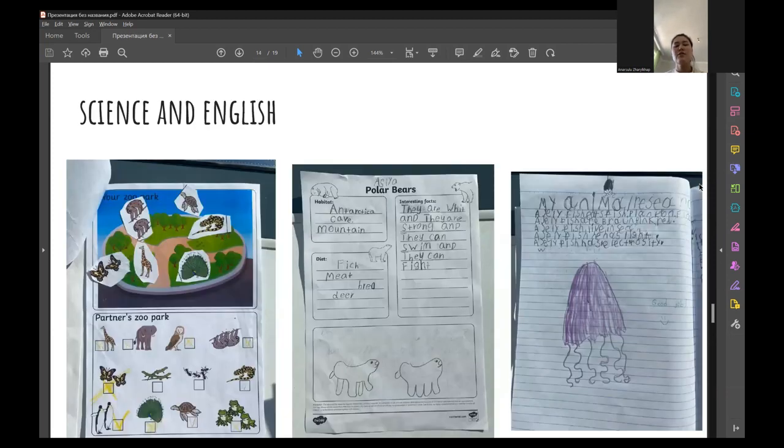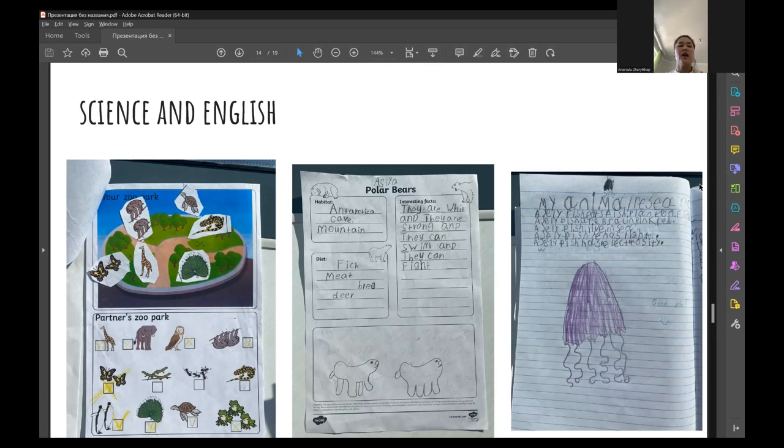Also, I wanted to talk about one of the very important things we do in our school: transdisciplinary work. For example, I can join science and English lessons in many ways. Names of animals, for example: two students do pair work.